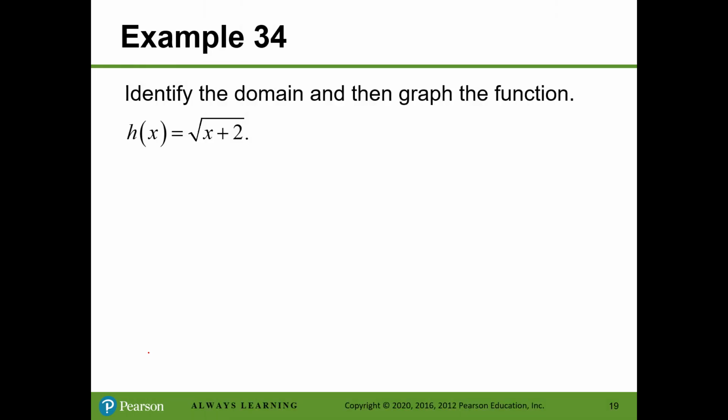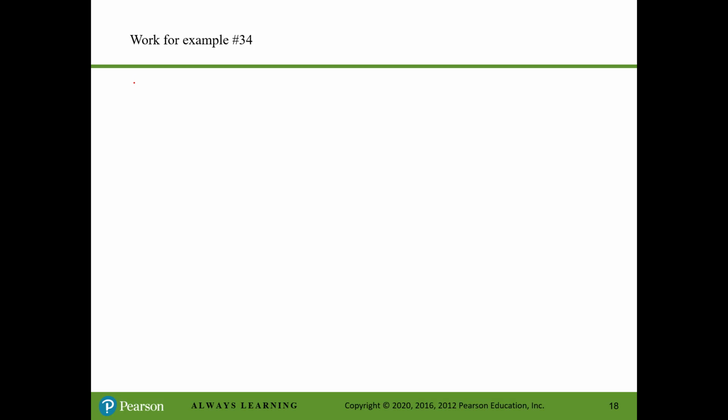I left some space here to do the next example, and you'll see why in a moment. So the first thing it asks me to do is identify the domain of this function. So let me go back. I am looking at the function square root of x plus 2. And remember, the domain means the input.